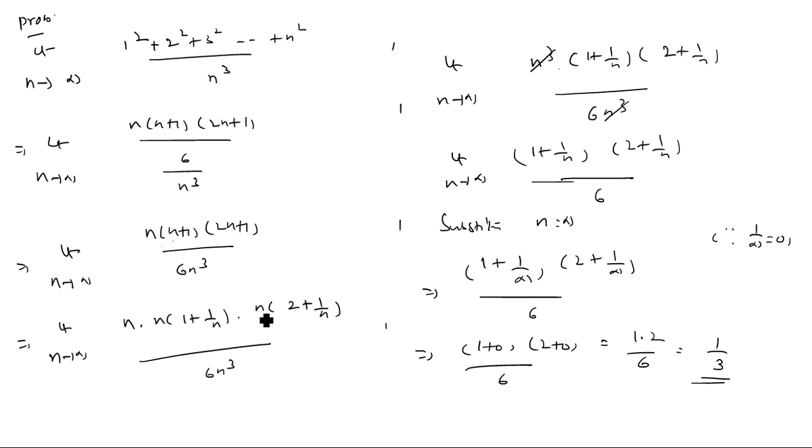Finally we get n into n, so n cubed is cancelled, and we substitute n is equal to infinity, then we get 2 by 6. The 2 by 6 is nothing but 1 by 3. So here we need to know that 1 by infinity is nothing but 0.